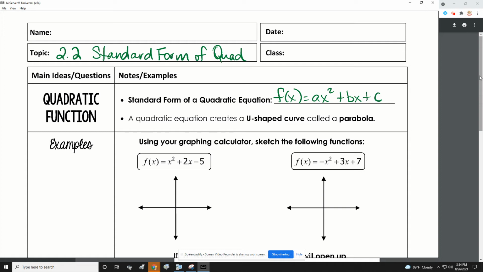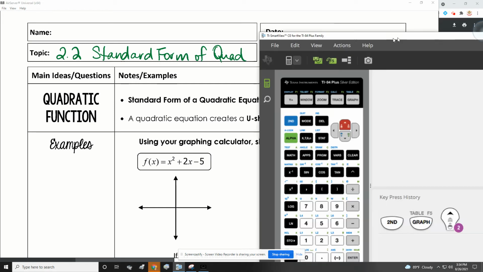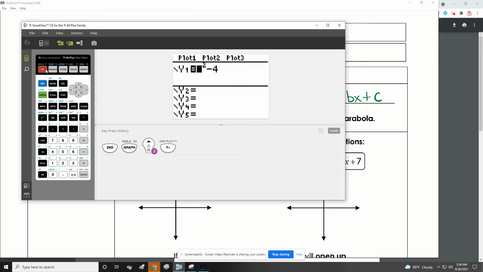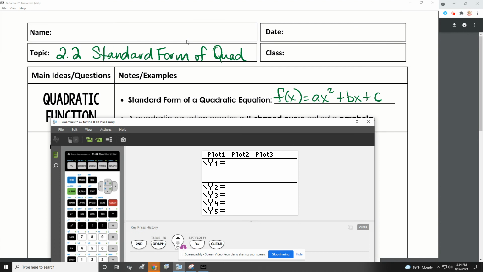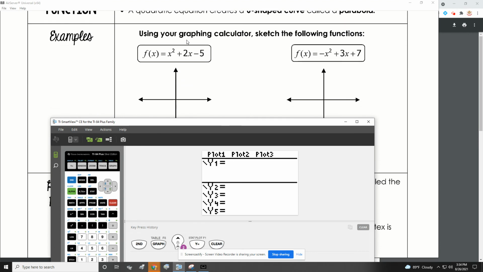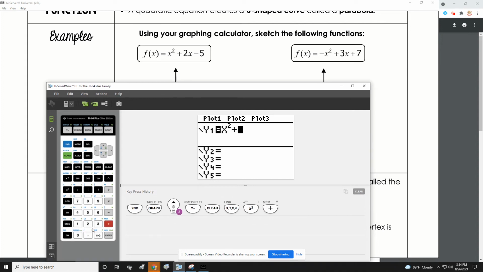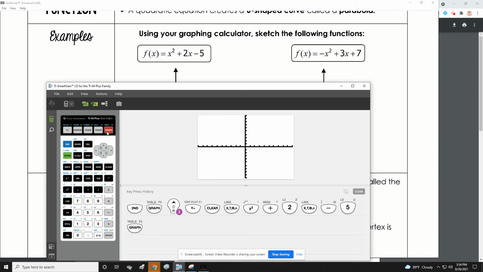All right, so these first two examples, we're just going to use a calculator to do. So let's clear it out. All right, so we're going to type in each of those. Okay, and then we're just going to do a little sketch of that graph.